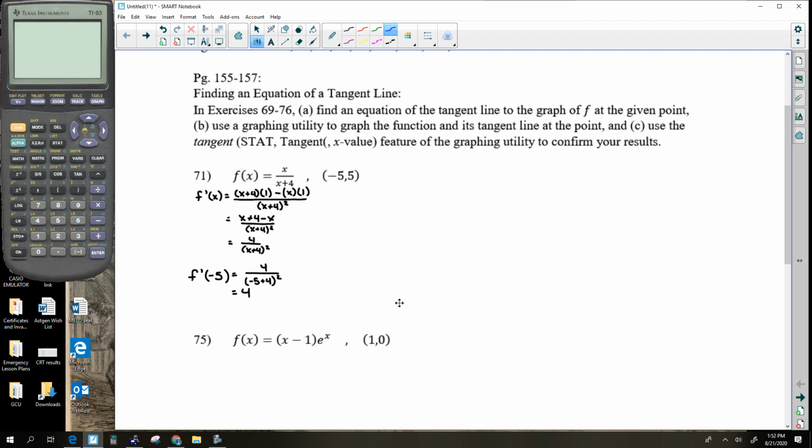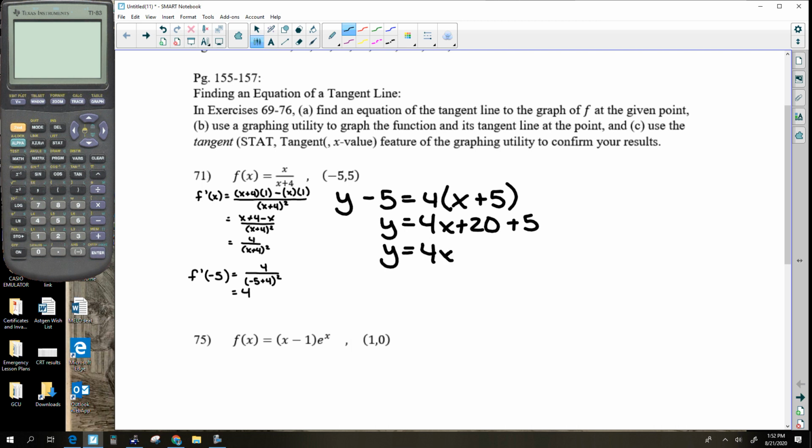So next is the equation. y minus y1 is equal to m, the slope, times x minus, so minus negative is plus, x1. That is the slope of the tangent line.